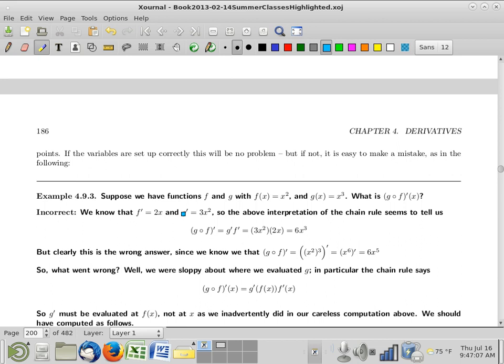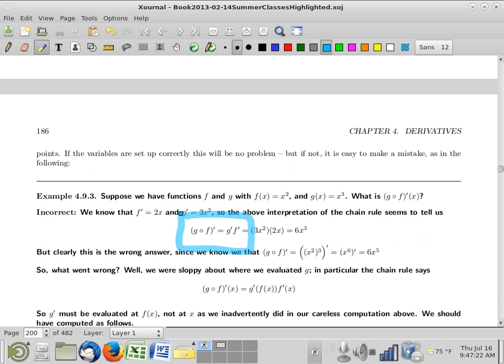Here's a way to seemingly answer that question, and that is to cite a sloppy version of the chain rule. Namely, that the derivative of a composition is the product of the two individual derivatives.